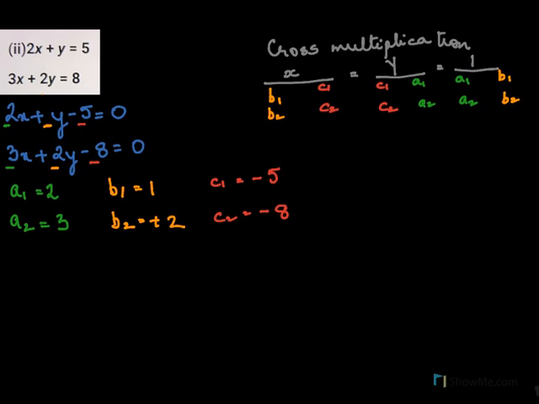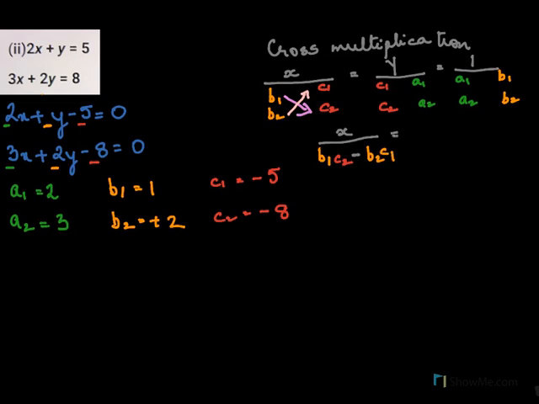So you will now write x here over, you'll multiply these two. You first multiply these two, that is B1 C2 minus B2 C1.